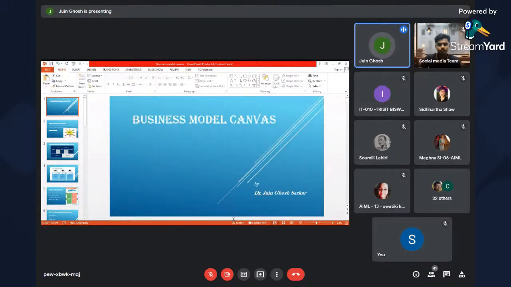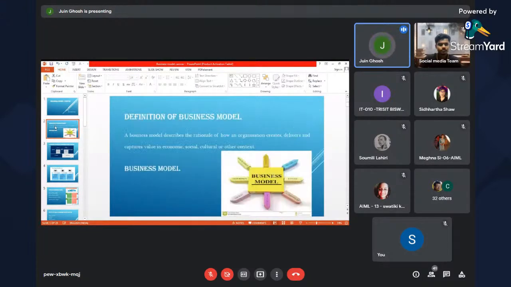It is, in general, a holistic and complete overview of the company's workings, the customers, revenue streams, and many other parameters. A business model describes the rationale of how an organization creates, delivers, and captures value in economic, social, cultural, or any other context.